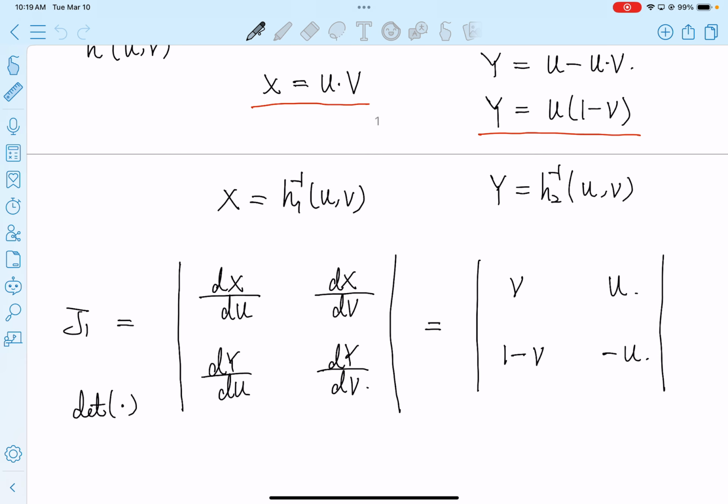It doesn't really matter too much, it's just the naming for 1 and 2. But the formula, don't forget the inverse, that is the most important. So if you start from your G's, then don't forget the inverse, which is the J2.